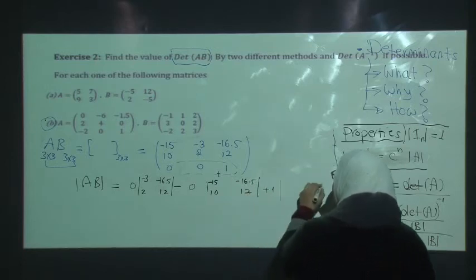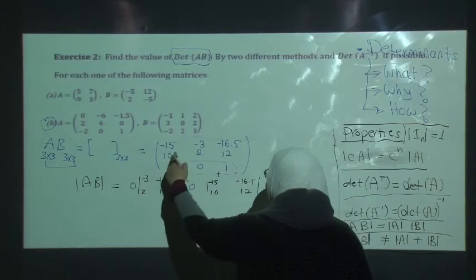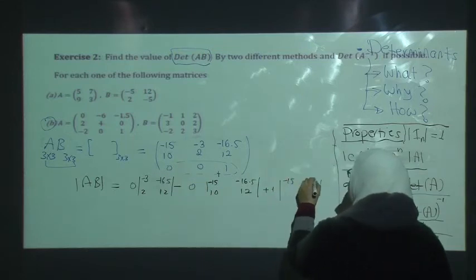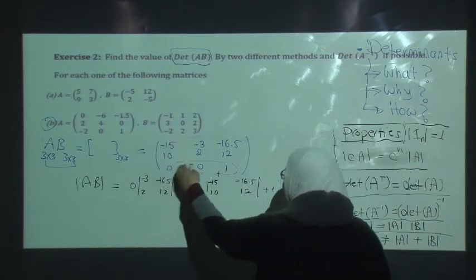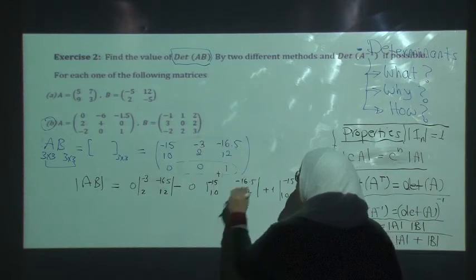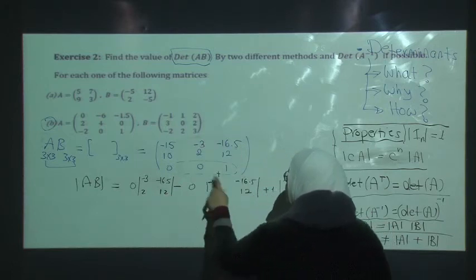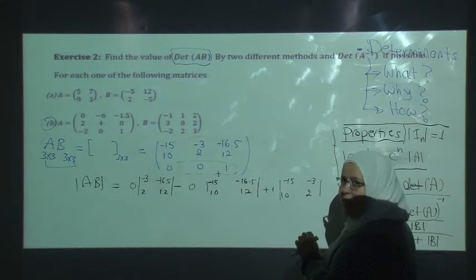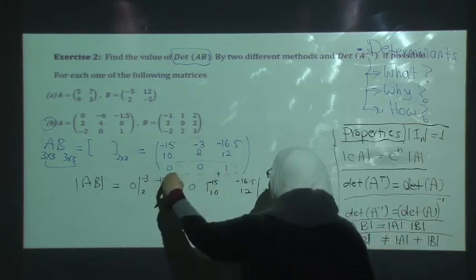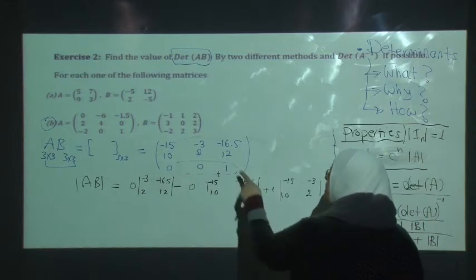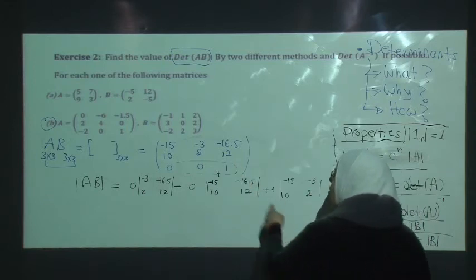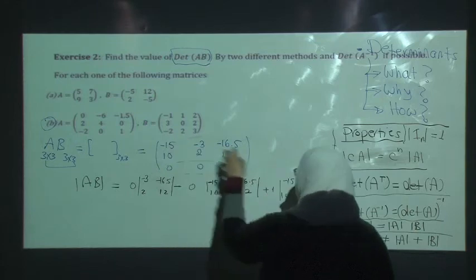Finally, plus 1 times its cofactor, remove the column and row, we will be left with negative 15, negative 3, 10, and 2. These two will be eliminated.